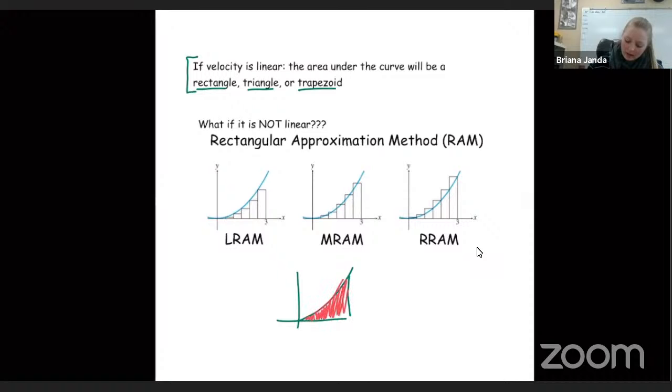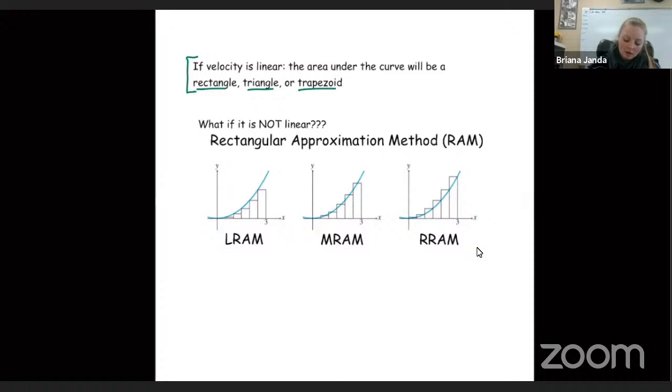It's got a curved edge here, and then a straight edge here and a straight edge here. That's not some geometric formula I can go do, a rectangle, triangle, trapezoid. And so we have to do this approximation, and what they're doing is they're filling it in with rectangles.